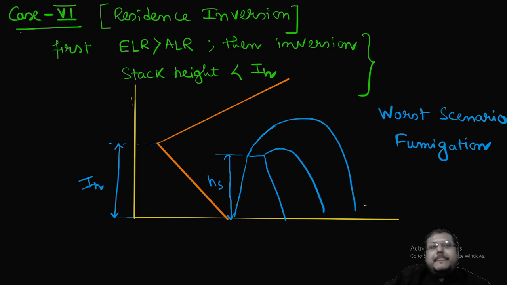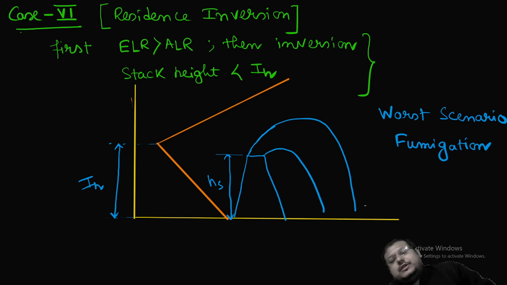Case 6. The opposite of the subsidence inversion, radiation inversion here. First there is ELR greater than ALR, then inversion, stack height will be less than inversion height. Generally what will happen here, something will try to go up, but it will have a lid of inversion, and everything will come down quickly to the ground surface, and human beings will be exposed to the pollutant.